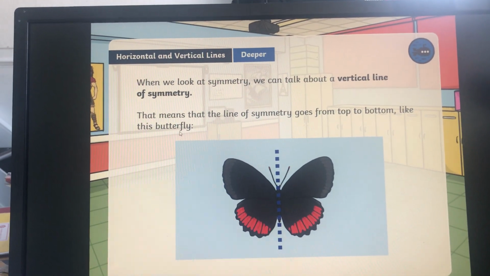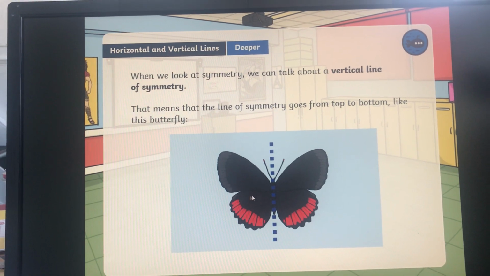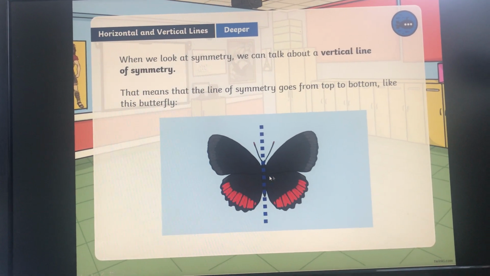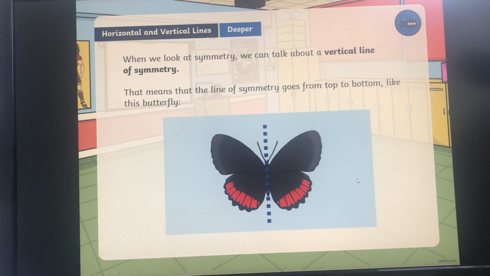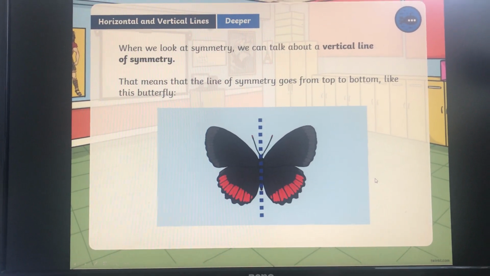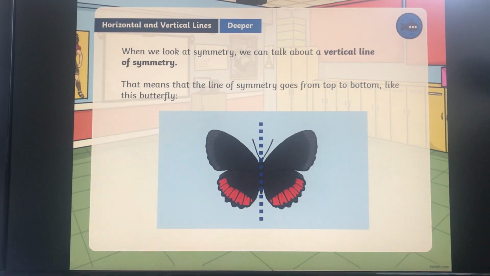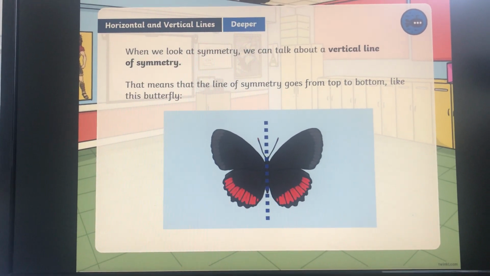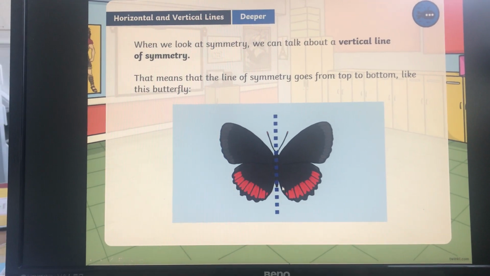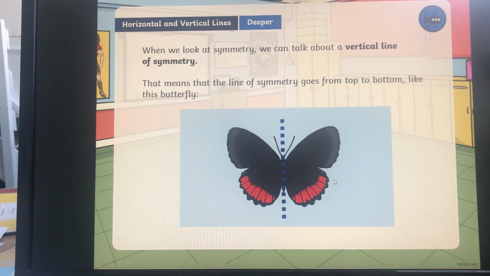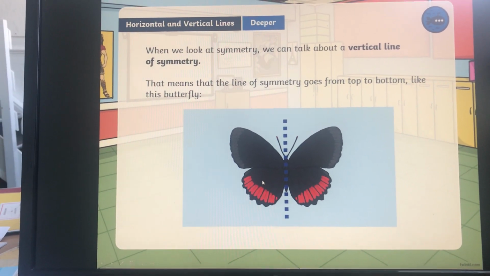If we had a line of symmetry that was running horizontally across this butterfly, then the two halves would not be symmetrical. They would not look exactly the same on either side of the line of symmetry. So we have a vertical line of symmetry in a butterfly, and the right-hand side is symmetrical to the left-hand side.